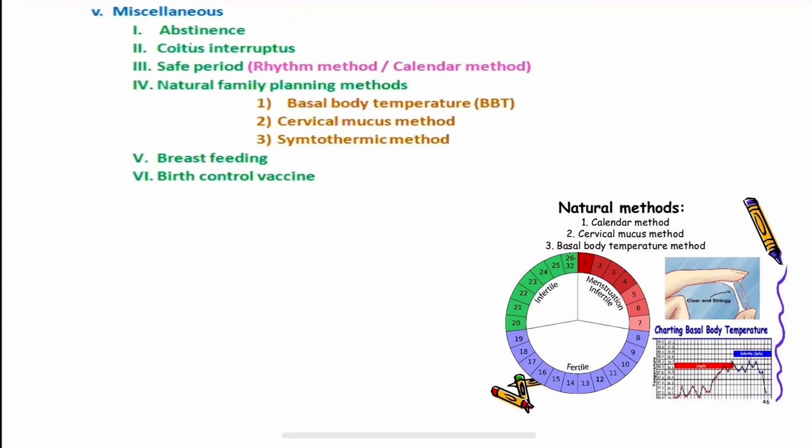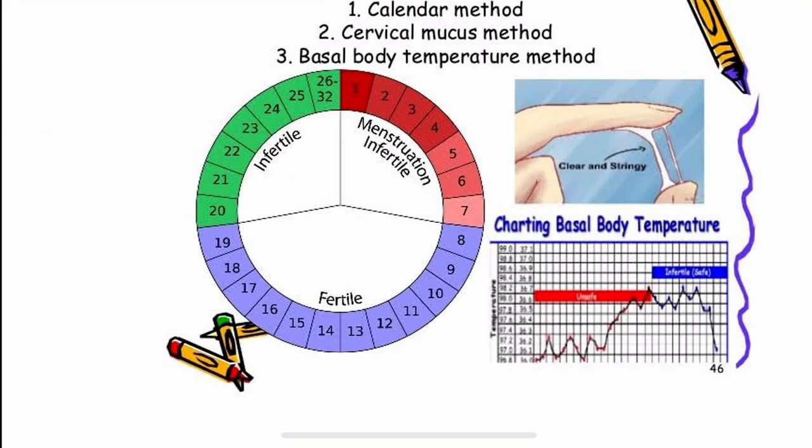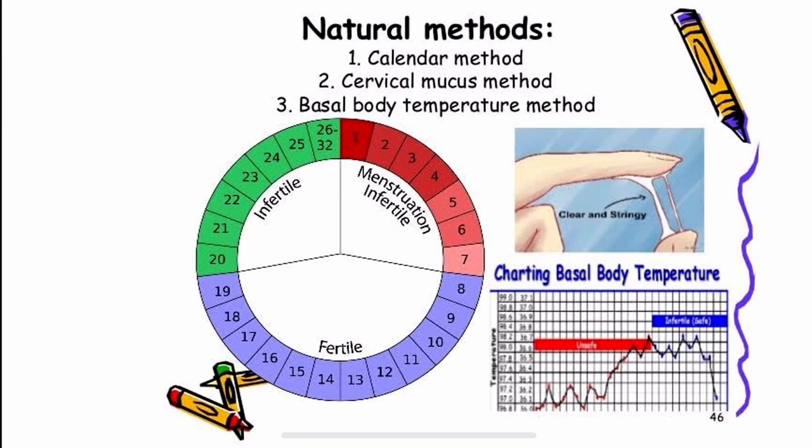Moving on to the miscellaneous methods. Under the miscellaneous methods, we have abstinence, that is to avoid sexual intercourse, and coitus interruptus, where the male prevents ejaculation into the vagina. And then we have the safe period, which is the rhythm method or calendar method.